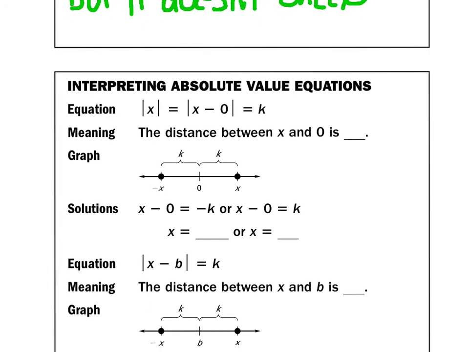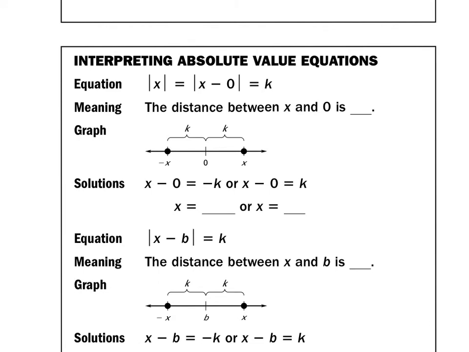Okay, interpreting absolute value equations. The equation: the absolute value of x minus 0 equals k. And what does this mean? The distance between x and 0 equals k.